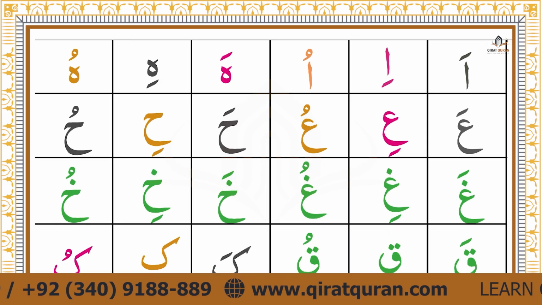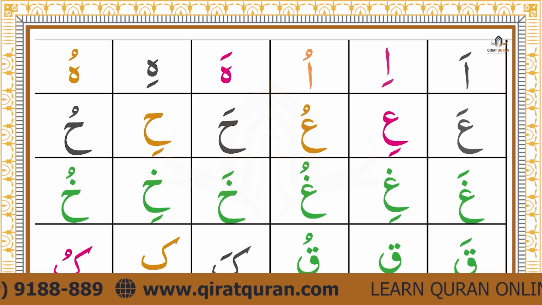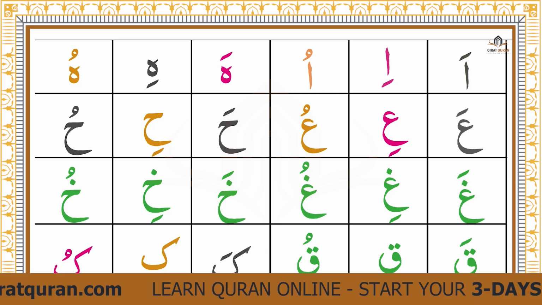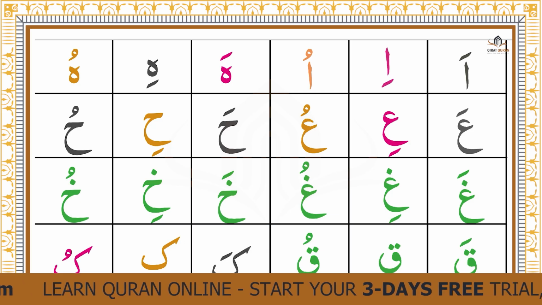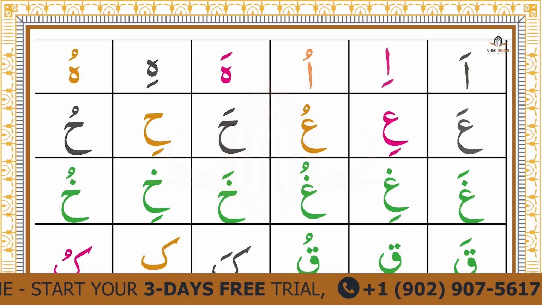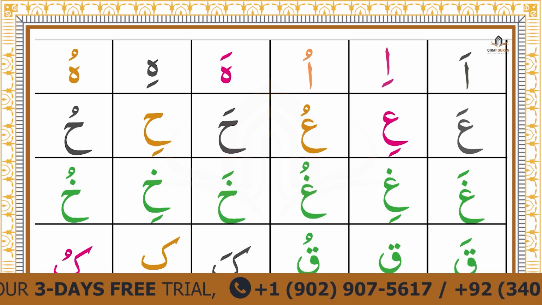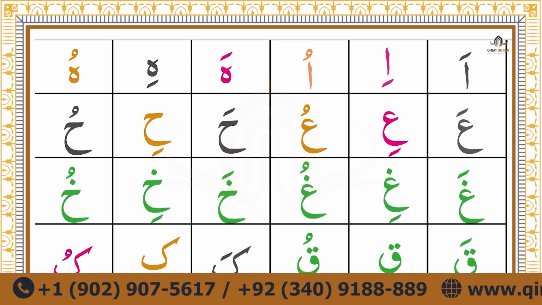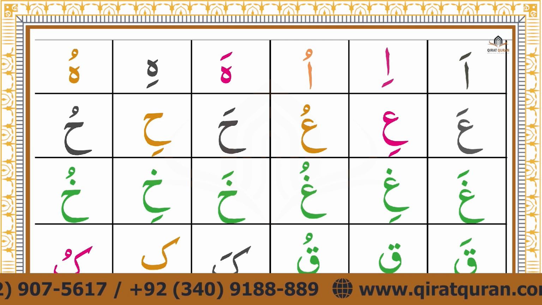Okay, first of all, we have a letter and a sign, and the third thing. So first of all, let me tell you how we have to read this. First we have to read the letter, then the sign, and then at the end we will make a sound.